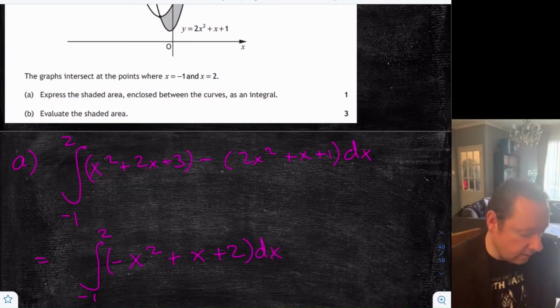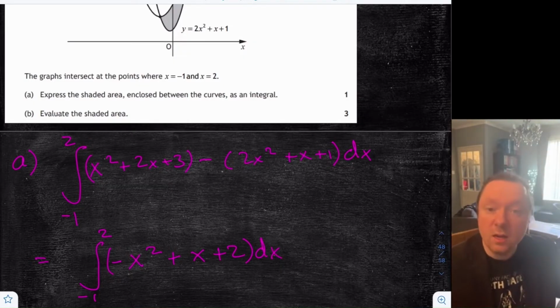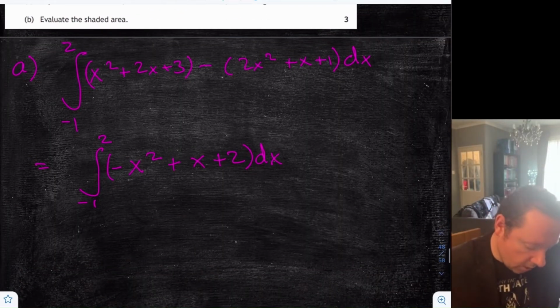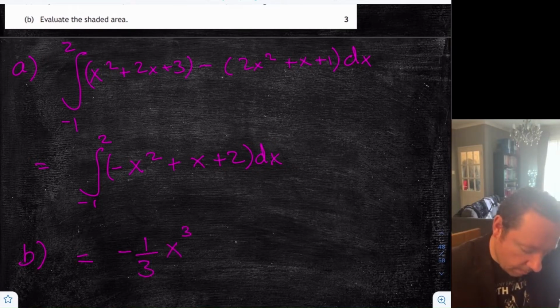Part B says calculate the shaded area, so work that out in other words. So for part B, our integral equals add 1 to the power, divide by the new power, plus x squared over 2 plus 2x, all between -1 and 2.